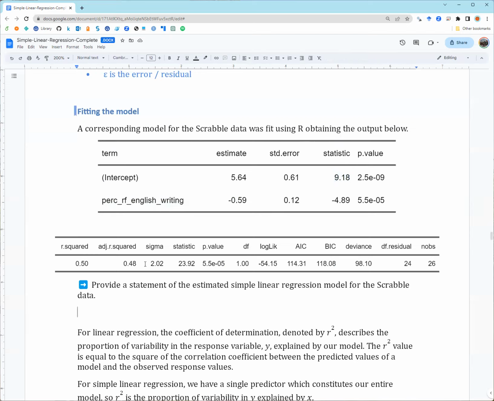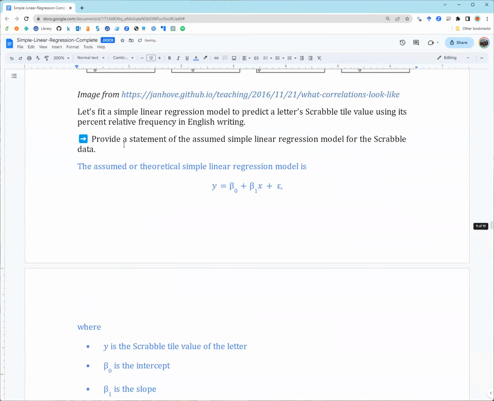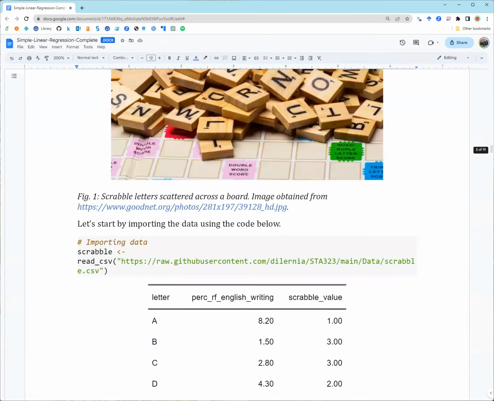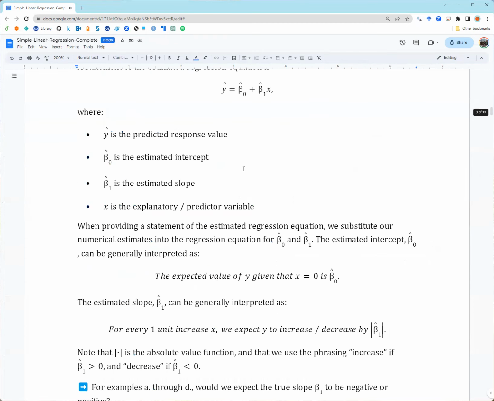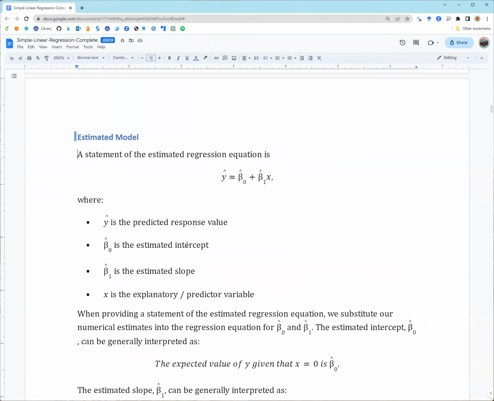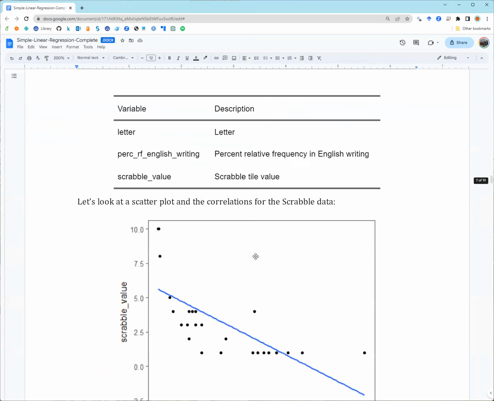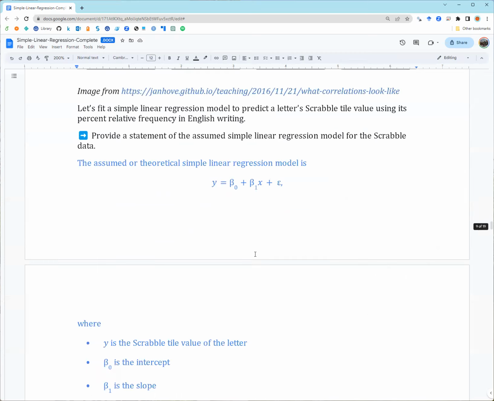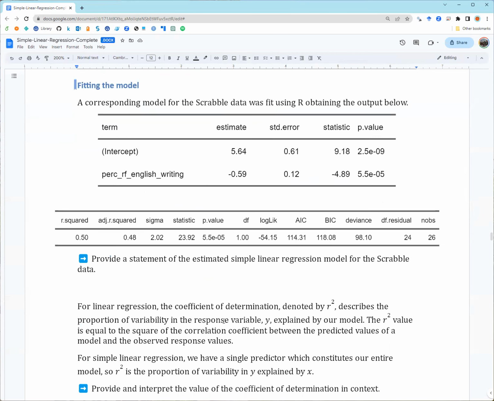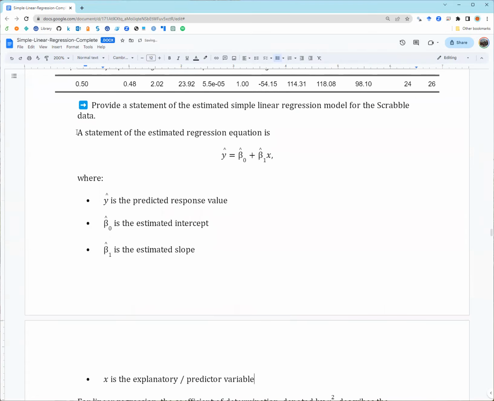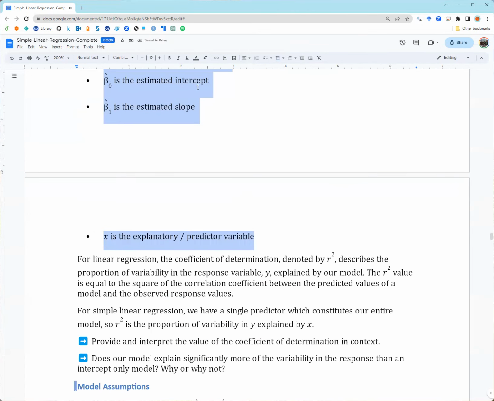So we will now provide a statement of the estimated regression equation. Let's get our blueprint to start. Okay, so here's our estimated regression equation. All right, we're on our way. Paste that. And okay, great.